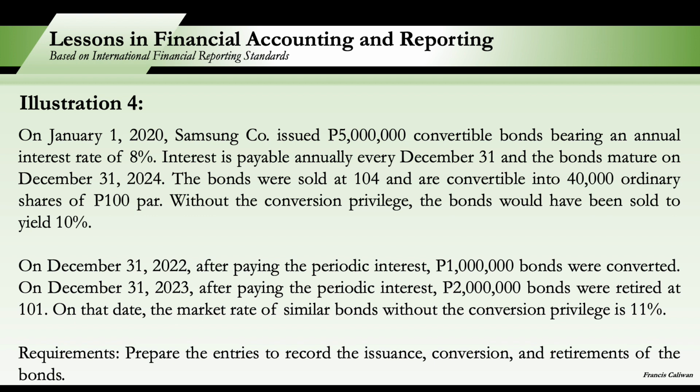So magba-bifurcation ulit tayo by December 31, 2023 to allocate the 101 retirement price between the liability component and the equity component. So prepare the entries to record the issuance, the conversion, and the retirements of the bonds.